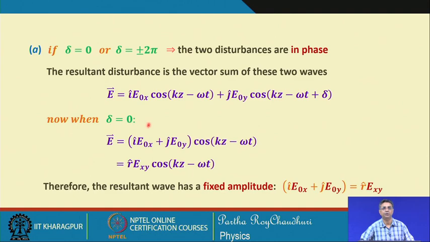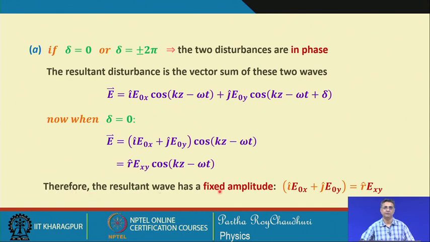Now, if you put delta equal to 0, then i E 0 x plus j E 0 y is the common quantity, and because delta equal to 0, we can write cosine k z minus omega t. Now, this i E 0 x plus j E 0 y is nothing but E x y. This gives you a fixed amplitude E x y, and the phase variation is the same as the individual component waves.